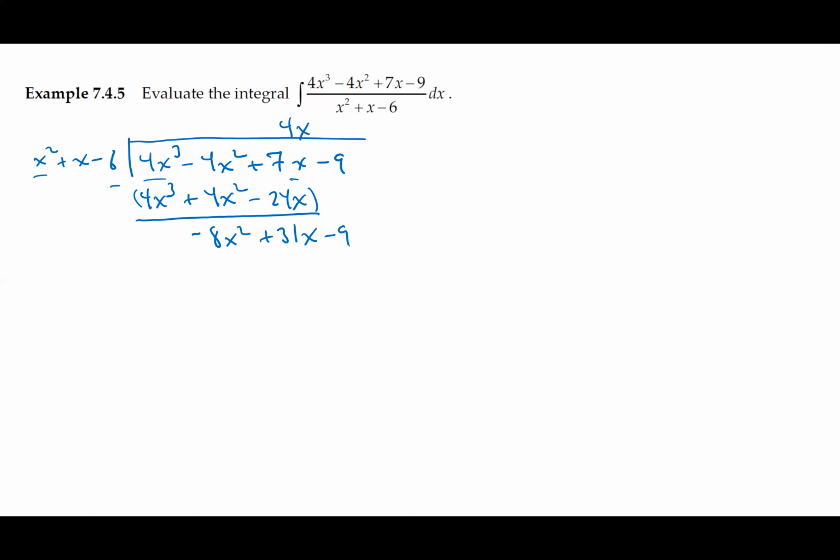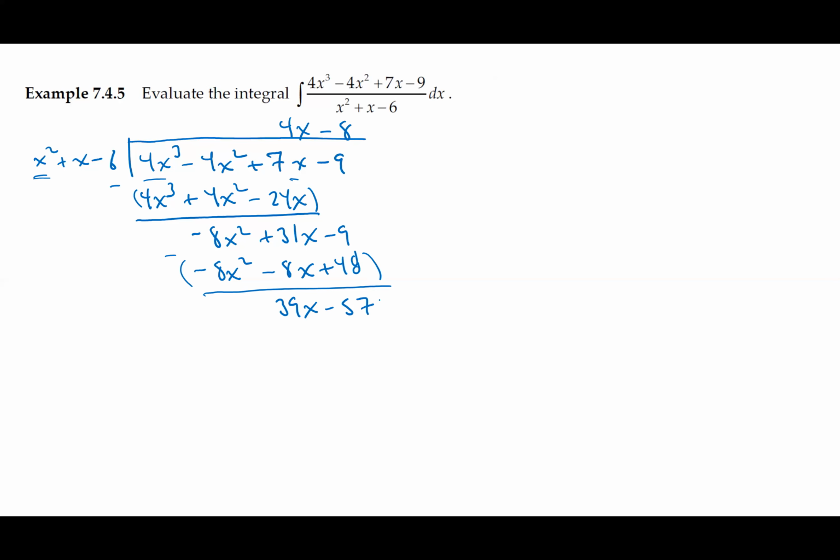At this point, I'm going to look at x squared and negative 8x squared, so minus 8. So negative 8x squared minus 8x plus 48. And we subtract. 31 minus negative 8 is 39x, and negative 9 minus 48 will be negative 57, okay?